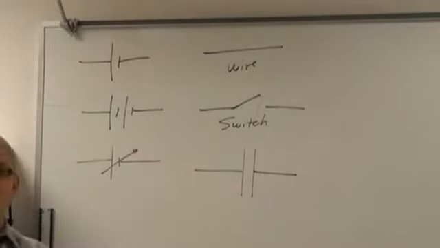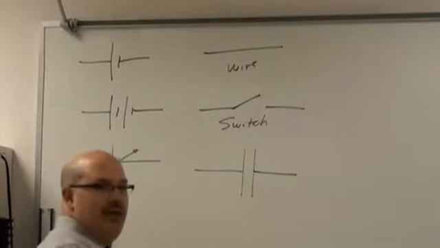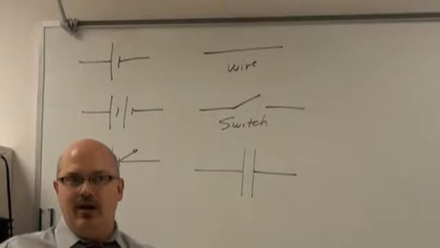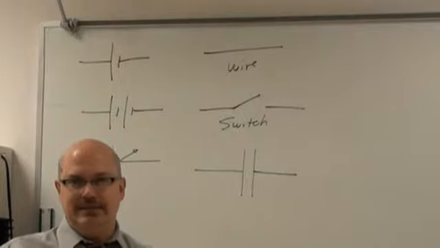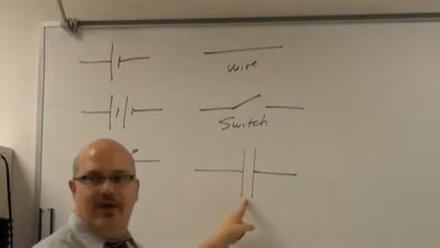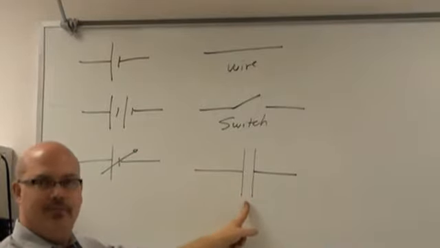All right, what's this? That's a capacitor. Two parallel lines. Now I want you to notice, is a capacitor a conducting path? Sort of. Not really. There's an insulator in between, right? So can you have continuous current through a capacitor? Not direct current.